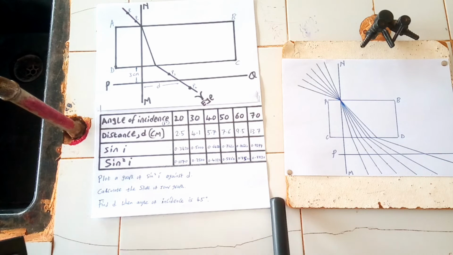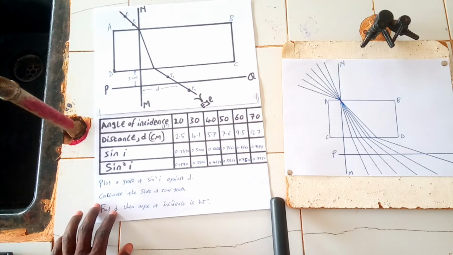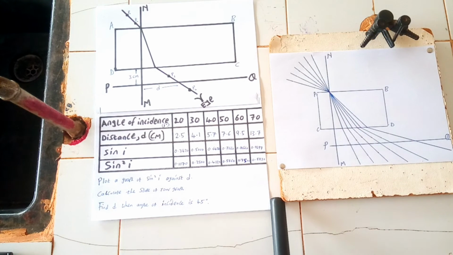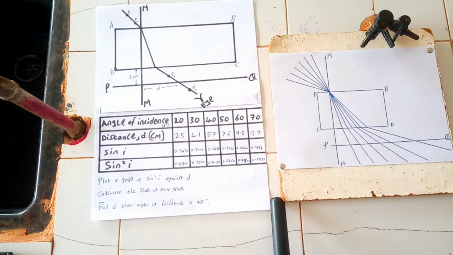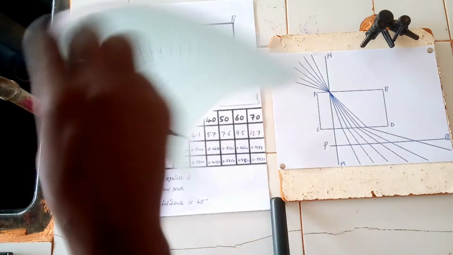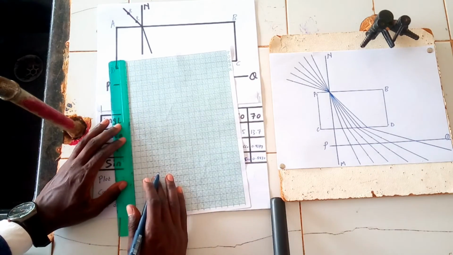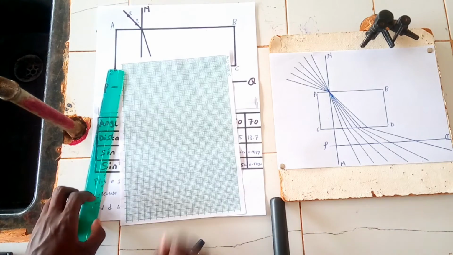So we are now plotting a graph of sine squared against d. So what we do, we start by drawing the two axes.